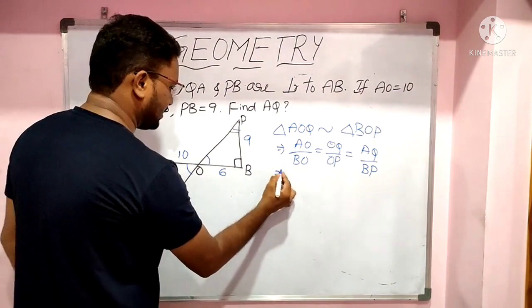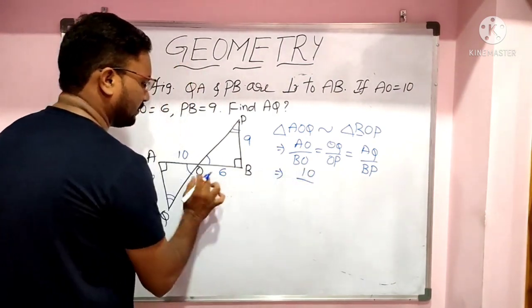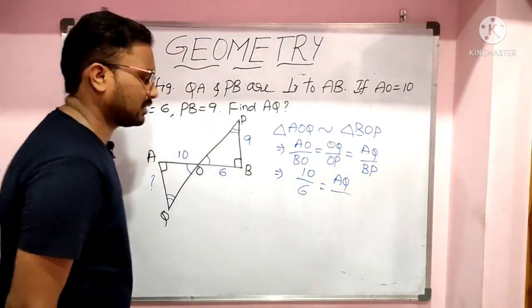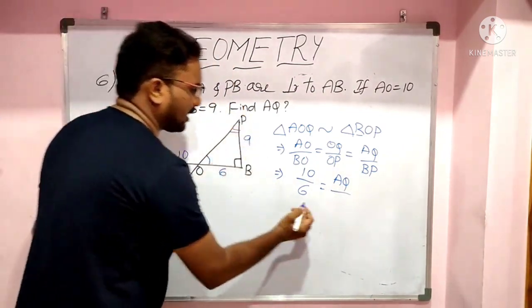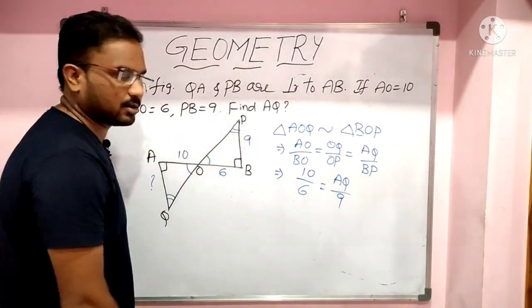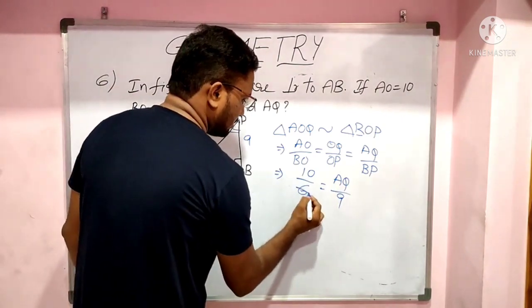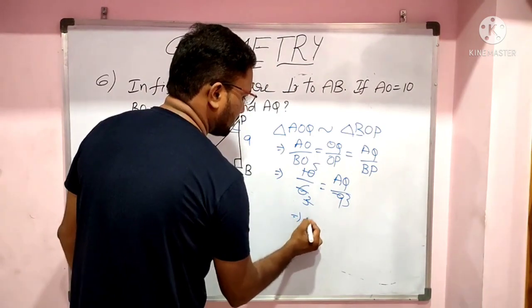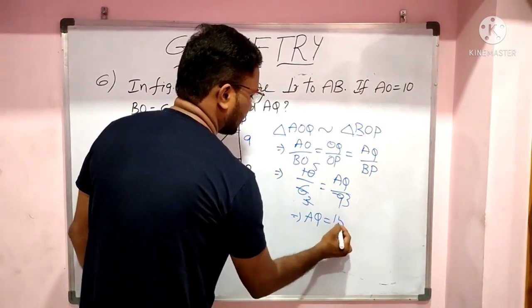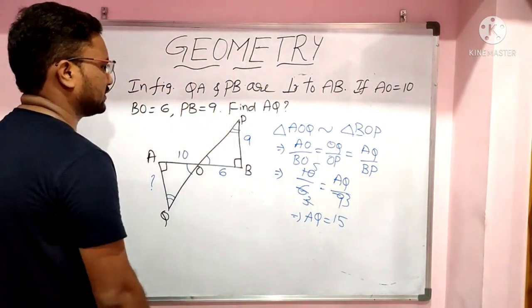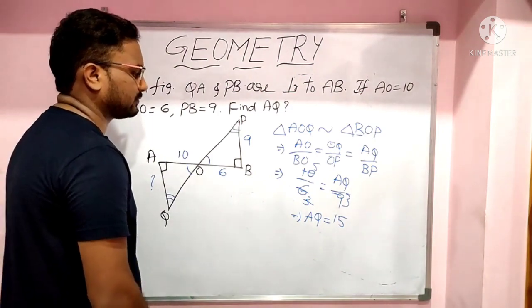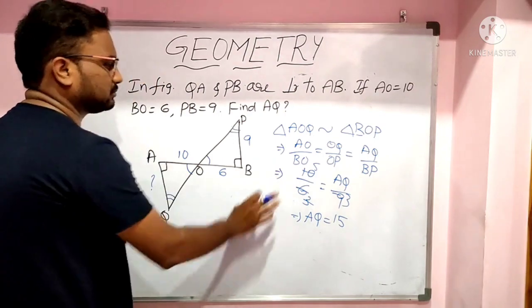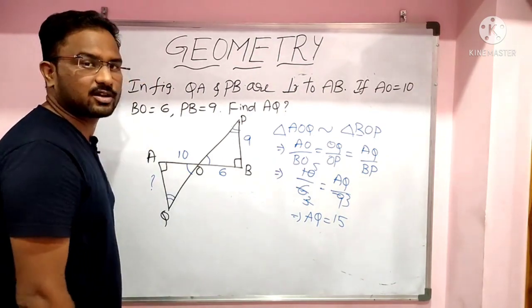AO value is 10 and BO value is 6, equal to AQ, which we need to find, and BP value is 9. So AQ equal to 15. So the answer is 15.